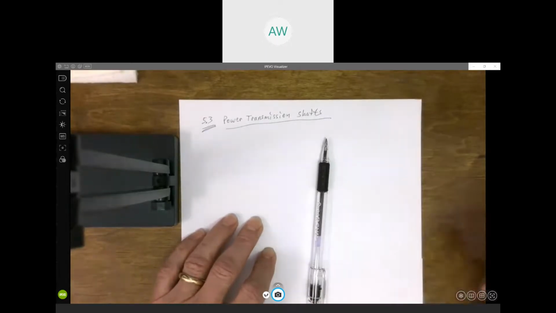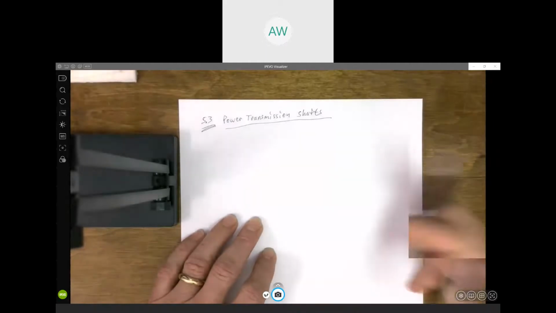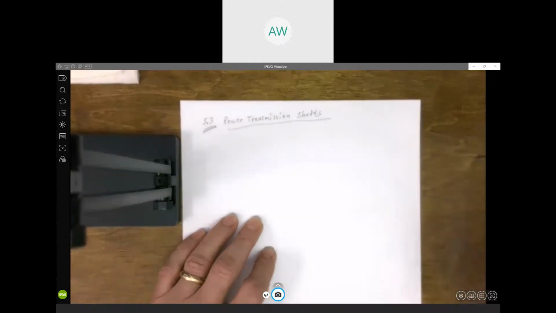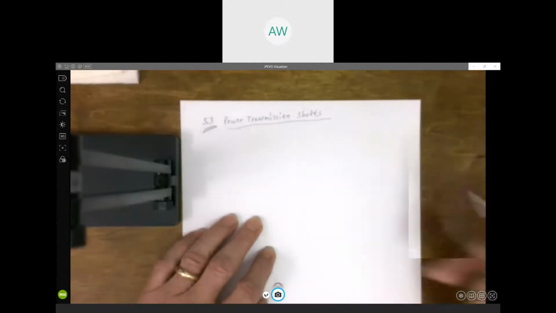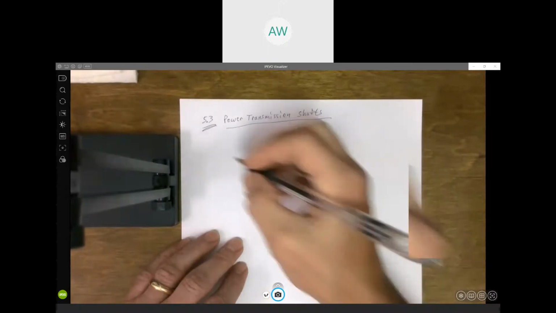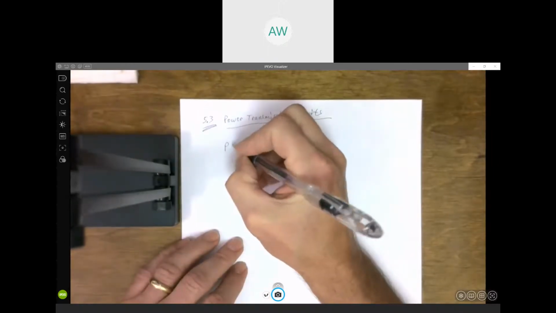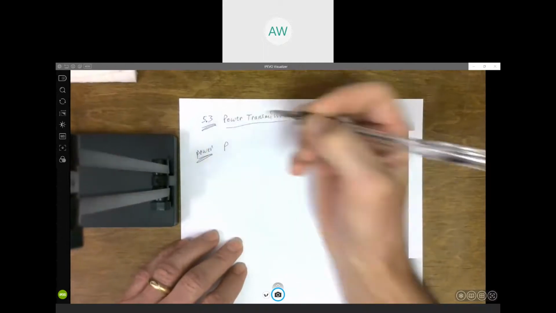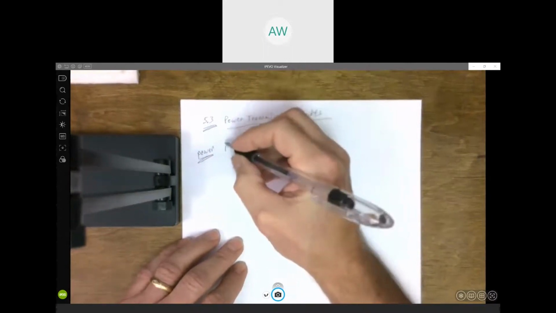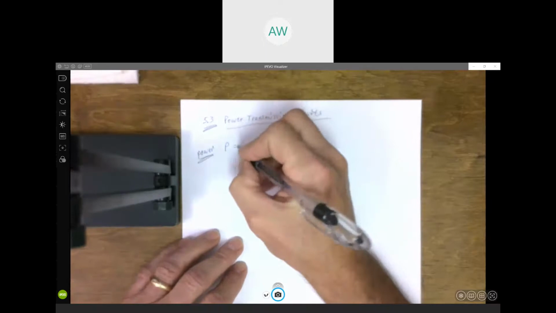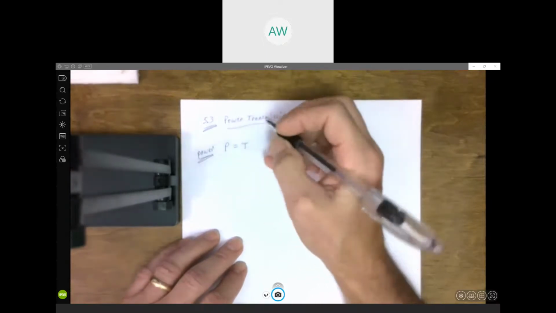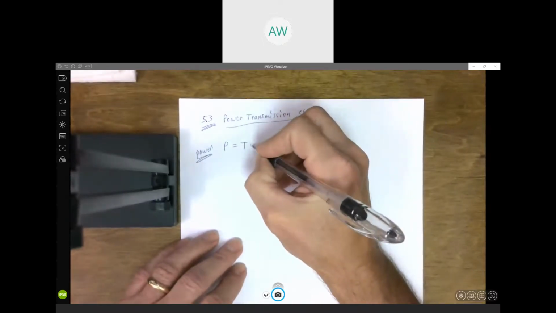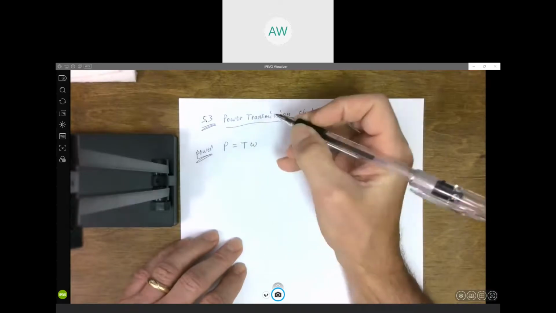But that's what this section focuses on, and really you need one relationship or formula here, and that is power. You probably saw this in physics: capital P for power is equal to torque T times omega.